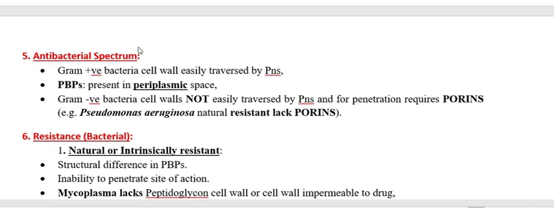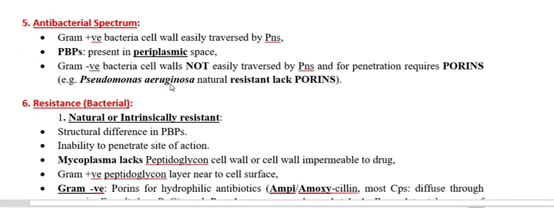Penicillins are broad spectrum in nature, except the natural one. The natural one, like penicillin G, mainly acts on gram-positive cocci, and later on when semi-synthetic penicillins were synthesized, they also acted against gram-negative bacteria, as I already mentioned in the classification.